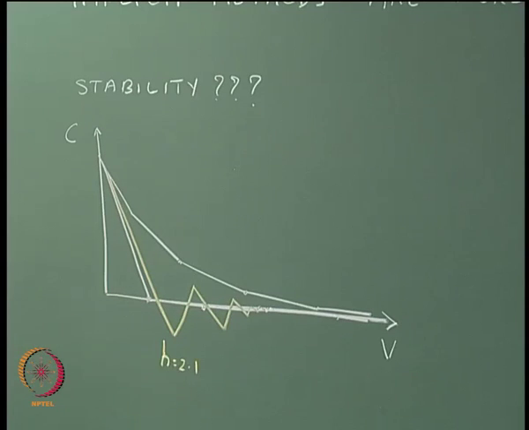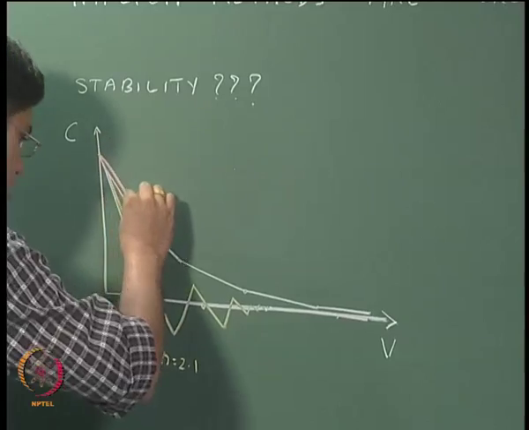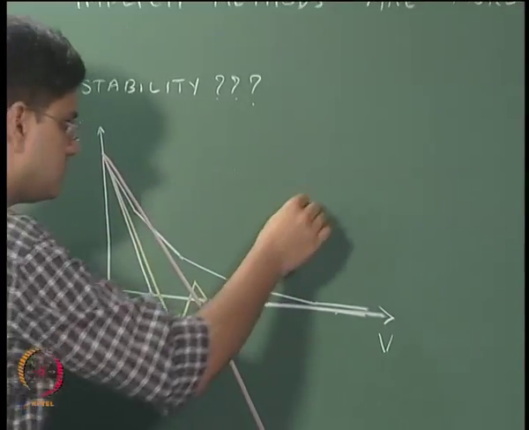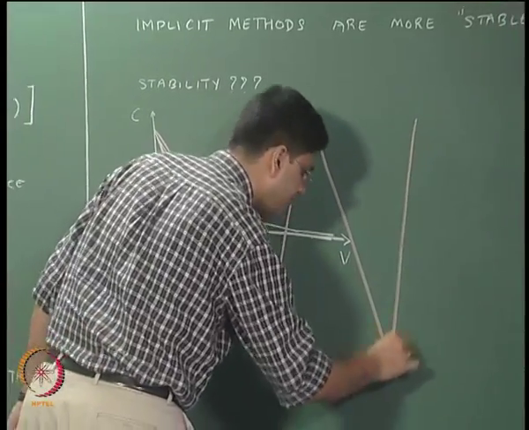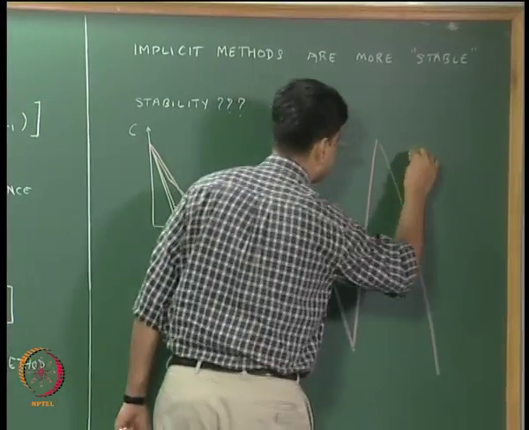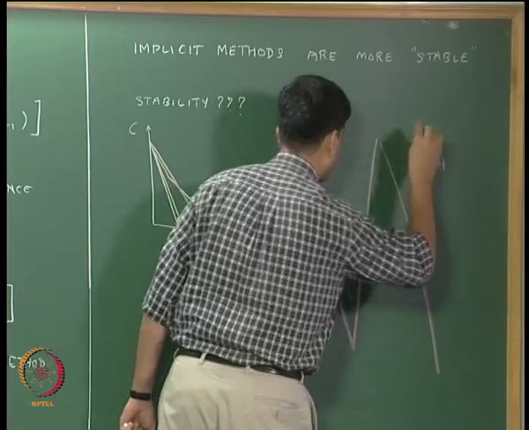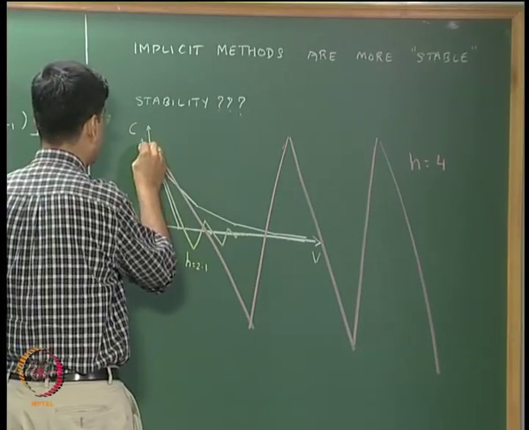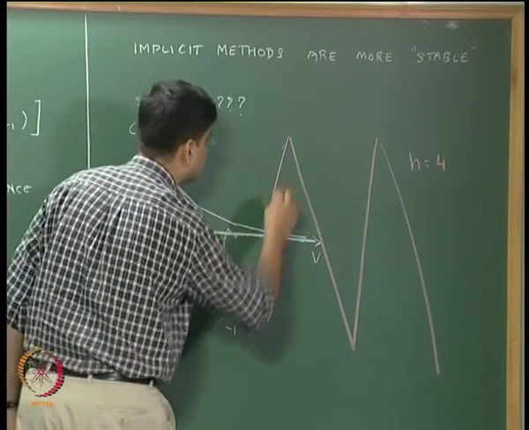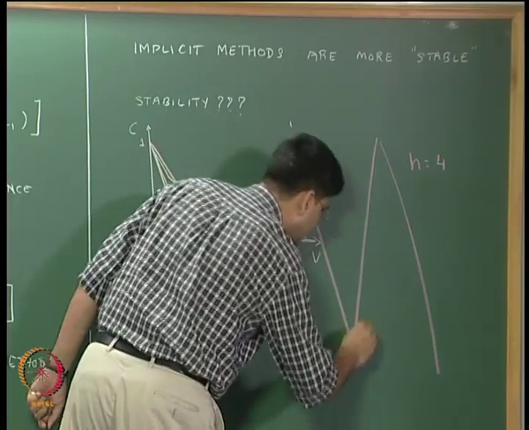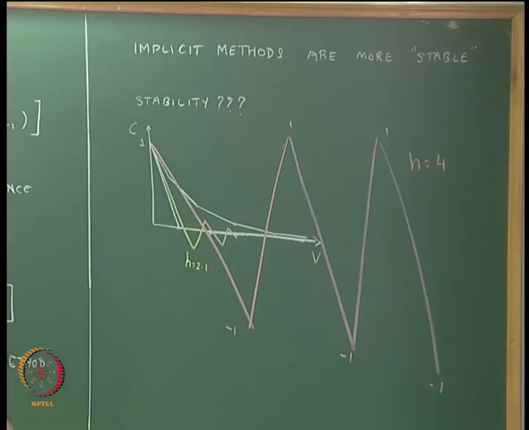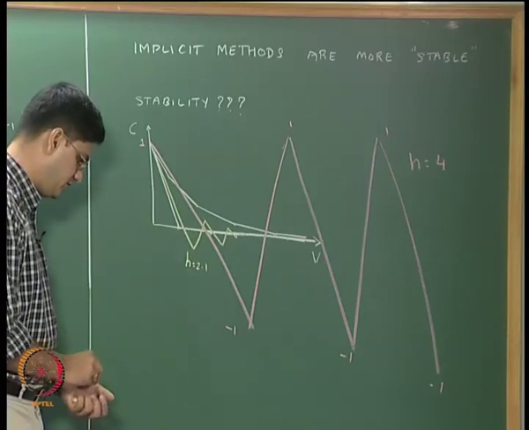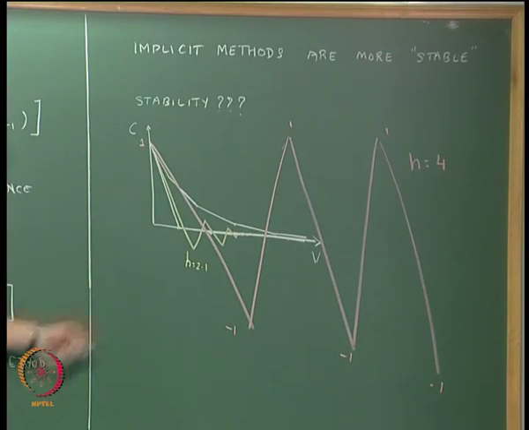Now when h was equal to 4, the type of results that we got: we started out at 1, this value was minus 1, this value again was 1, this value was minus 1, this was 1 and this value was minus 1 again. So this is the curve that we got when h was equal to 4.